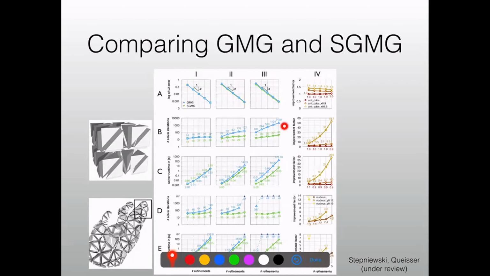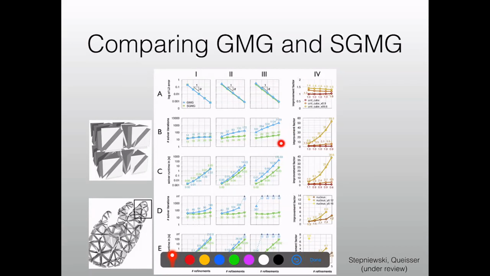Now, this is the case for standard geometric multigrid in blue, whereas if we apply the subdivision geometric multigrid I just highlighted, we can see that the number of iterations can be held in check by automatically regularizing the computational grid.